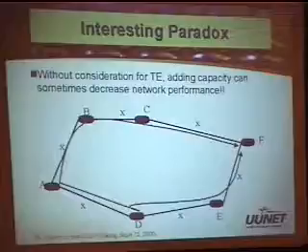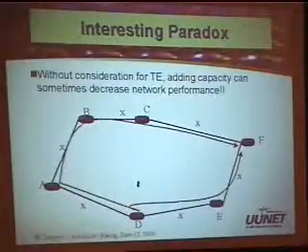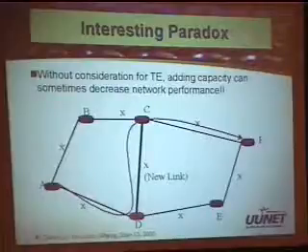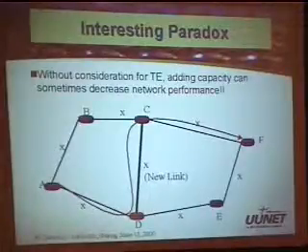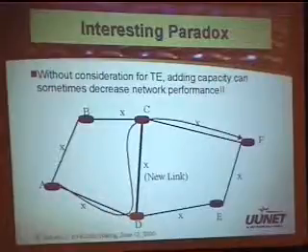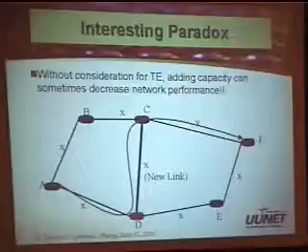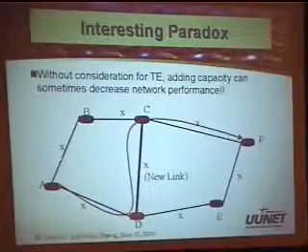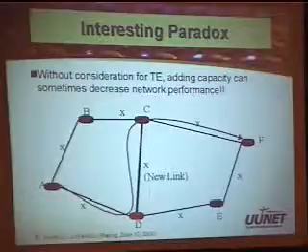Now, let's suppose that all the links are equal cost. Now, let's suppose that we add a new link from D to C, and let's suppose that this link actually has much higher capacity than the rest of the links in the network. So you will associate either the same or a lower metric to this link. Now, what happens? You lose the equal cost parallel paths that you had before.